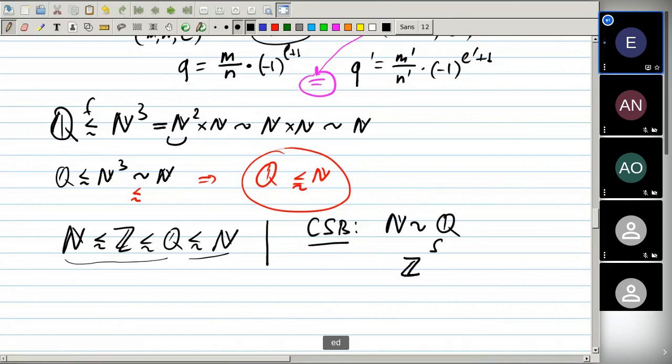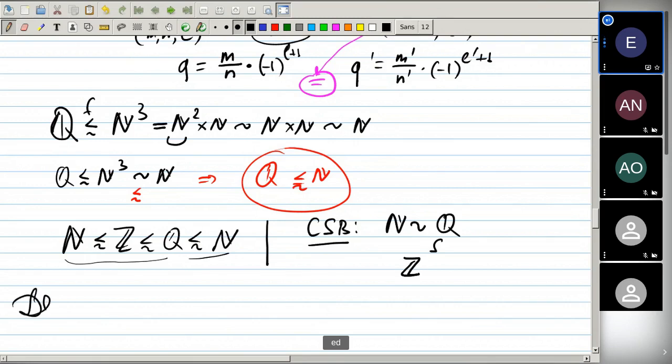That means that these three sets are of equal size. They are equivalent to each other. We have proved it without providing explicit bijections. Is it clear? It's clear.